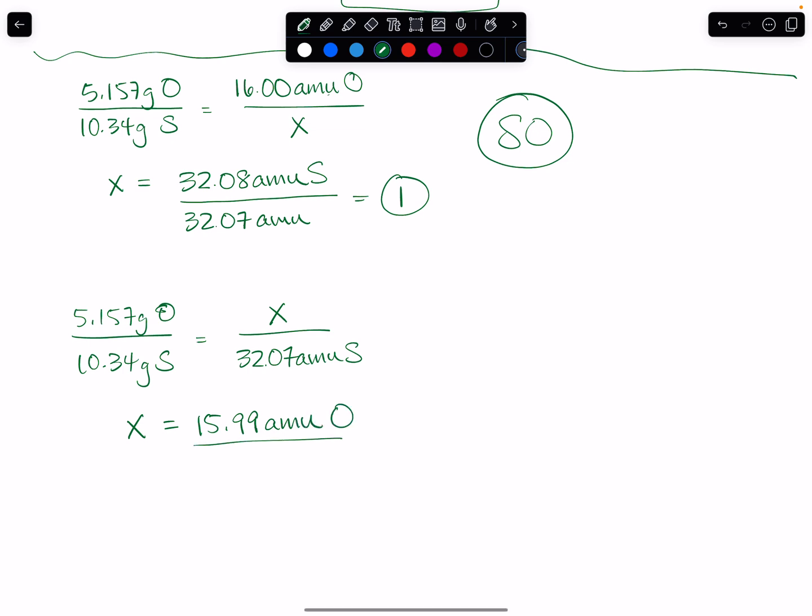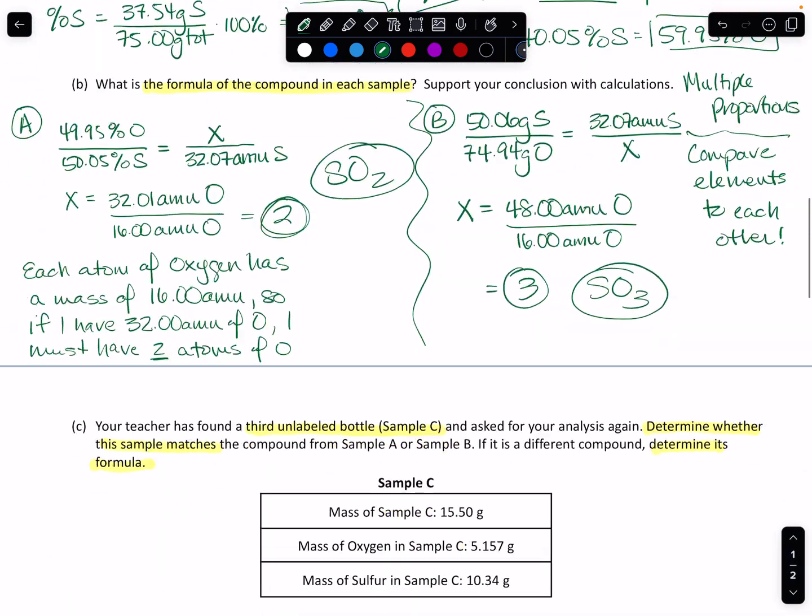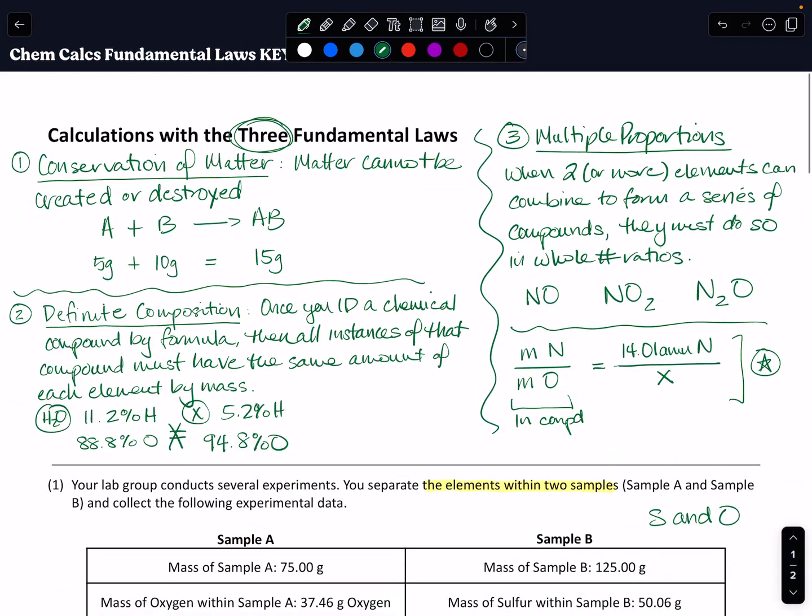If I divide that by the mass of one atom, which is 16, you can see we're going to get a 1 here. So that also tells us the formula is SO. It doesn't matter which one you choose to be one atom; you just need to be consistent when you set up your ratio. It also doesn't matter if you use the mass percentage values or the actual mass values given. You just need to be consistent with how you set up your ratio.